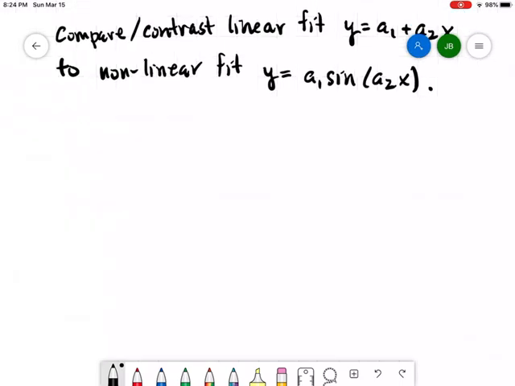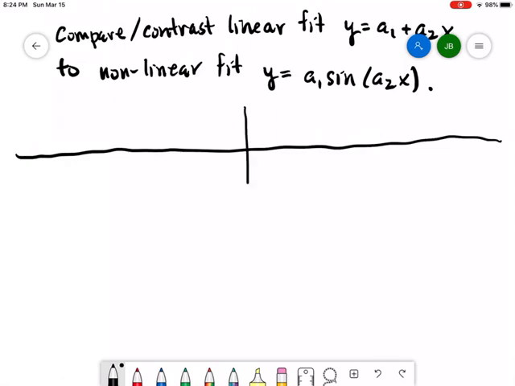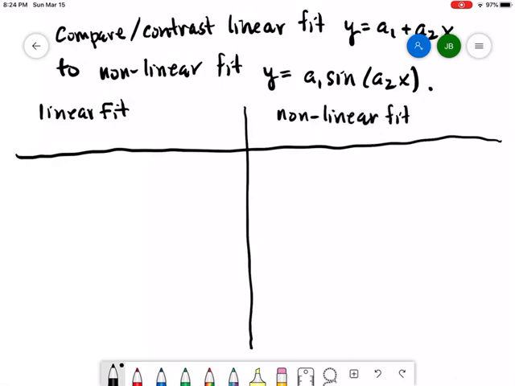And so let's see if we can make this work. So on one side of the table, we'll have our linear fit, and on the other side, we'll have our nonlinear fit. So y is a1 plus a2x, and y is a1 sine a2x.